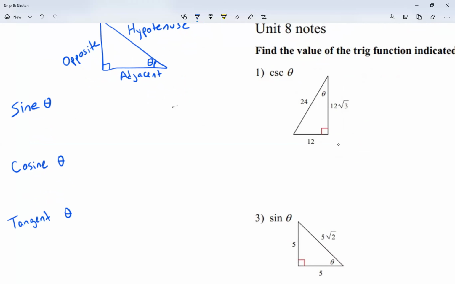Tangent of theta. Let me also talk about cosecant. Cosecant of theta. Secant of theta. And cotangent. Okay, so those are the 6 ratios that I'm going to talk about.